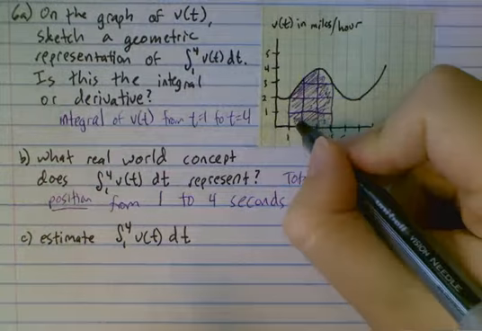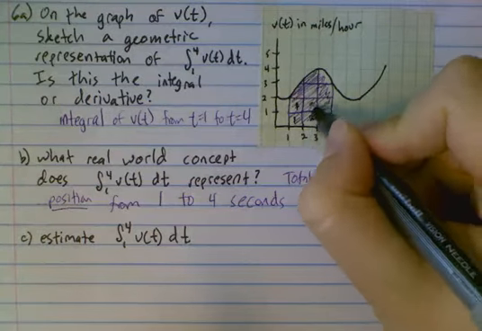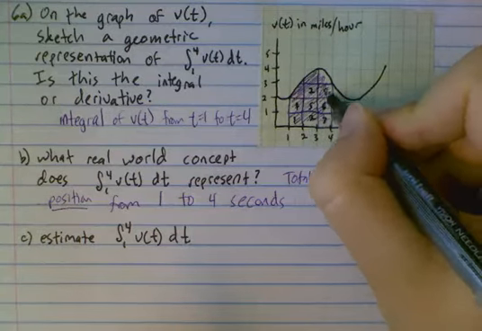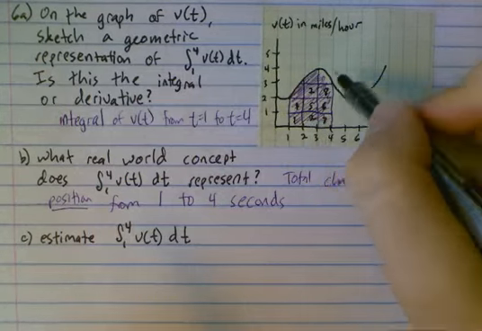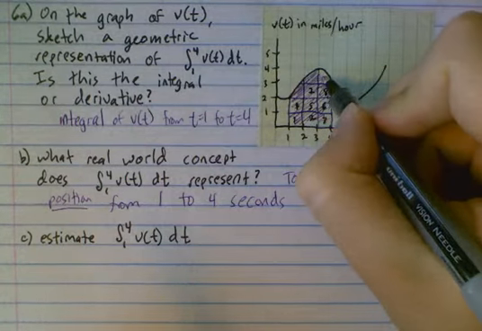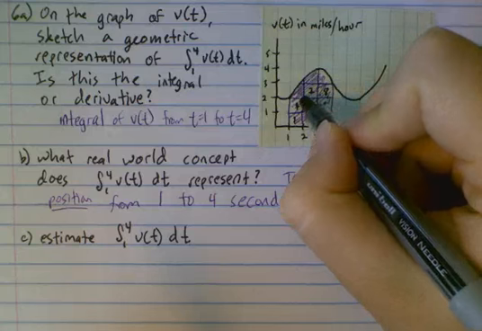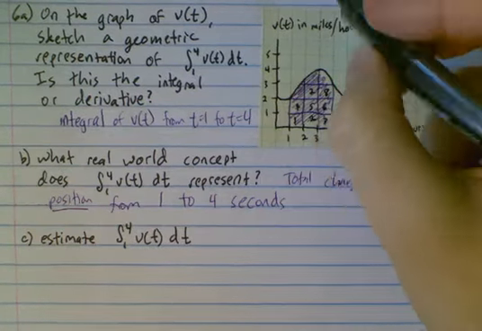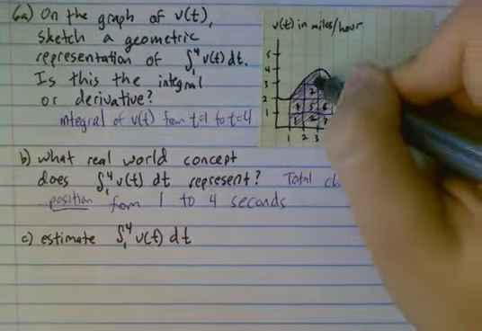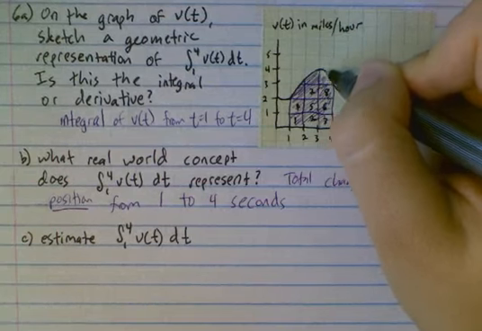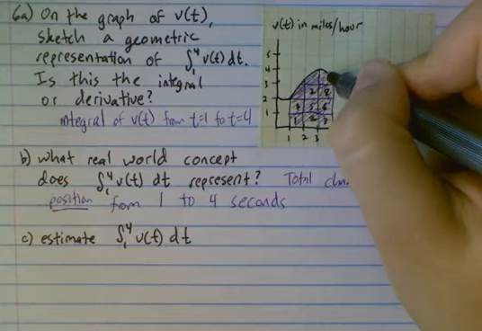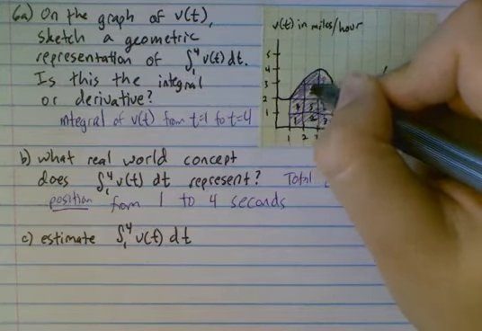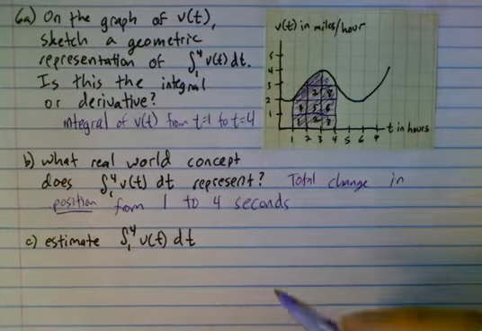Okay, so we've got 1, 2, 3, 4, 5, 6, 7, 8 whole squares. And then this one's a little bit more than half a square. That's a little bit more than half a square. That's a little bit more than half a square. So if we put them all together, then these two together are going to make a 9th plus a little bit. And when we put all this together, we're probably talking about 10.